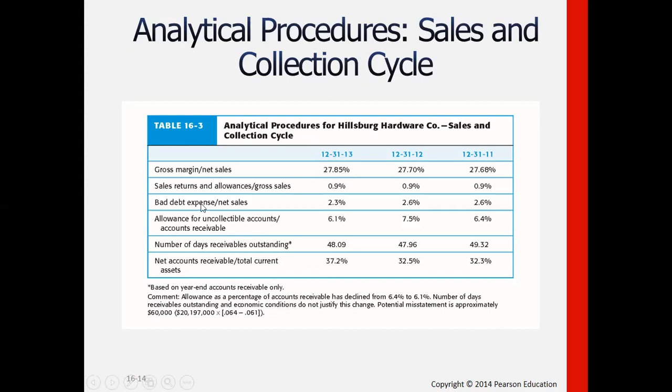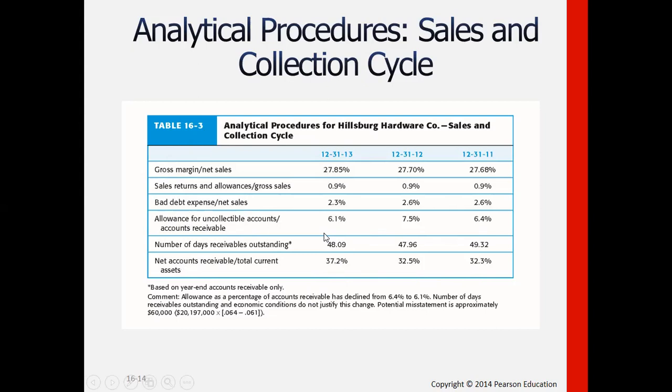So we can notice that all items are within our respective ranges from 2011. The exception would be, you can notice, the net accounts receivable over total current assets, where the movement is at 5 or 4 point something percent. Then the allowance increased from 2011 to 2012 and then decreased to 2013.